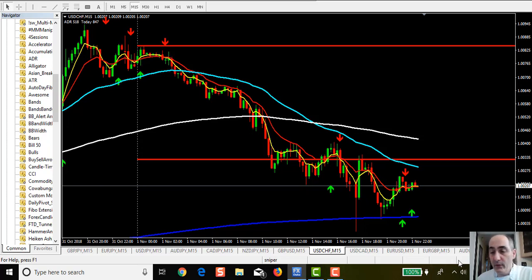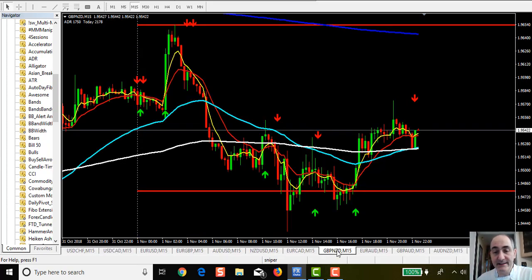The one currency that did offer a trading opportunity today was GBPNZD right here. GBPNZD is one of the currencies that moved the most. You can see the average daily range is 175 pips. Today it moved 218 pips.